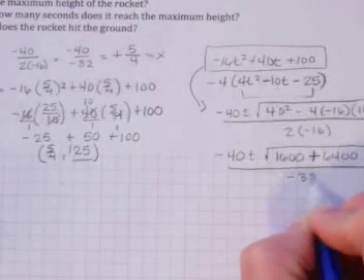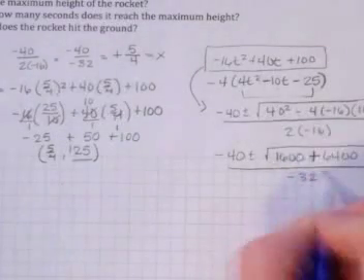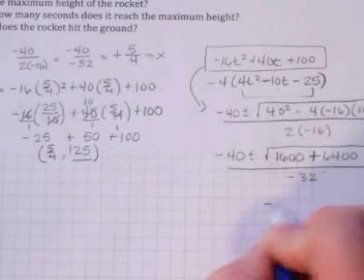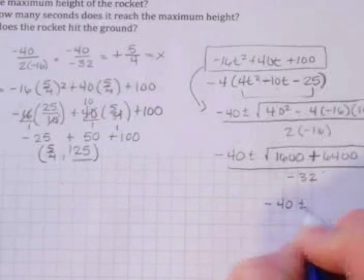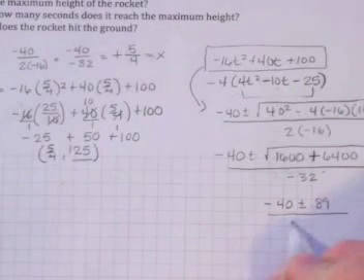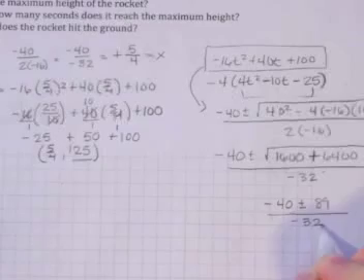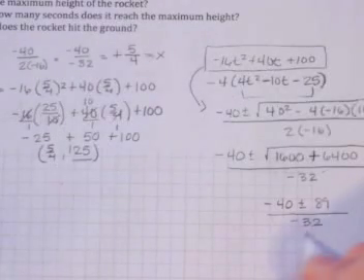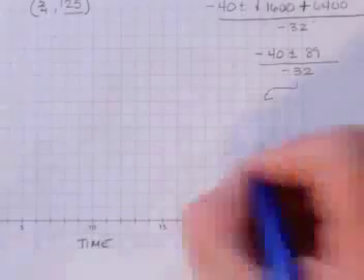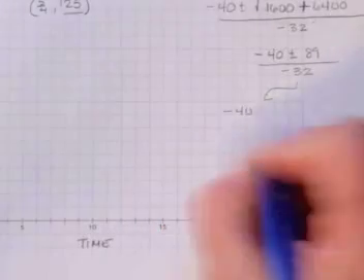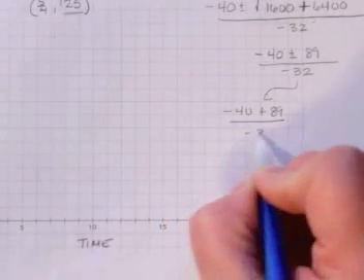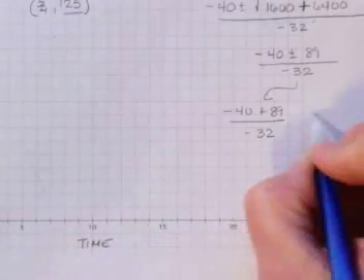Over negative 32. So I go ahead and add these and take the square root, and I get negative 40 plus or minus 89 approximately over negative 32. And so I need to split that into my two equations. Negative 40 plus 89 over negative 32.